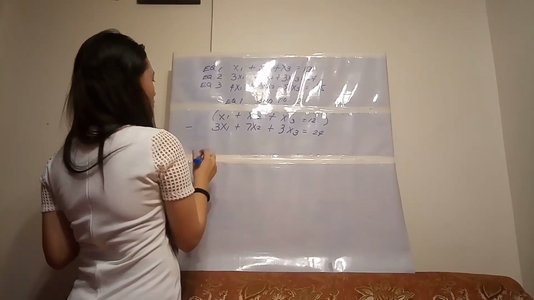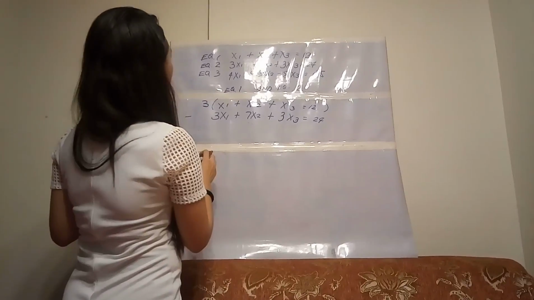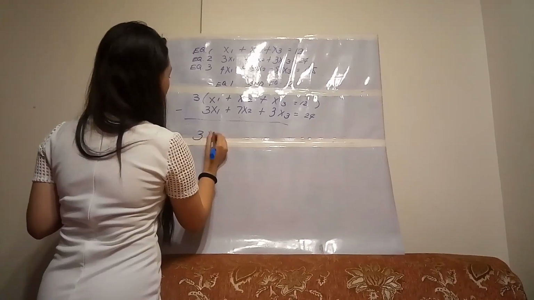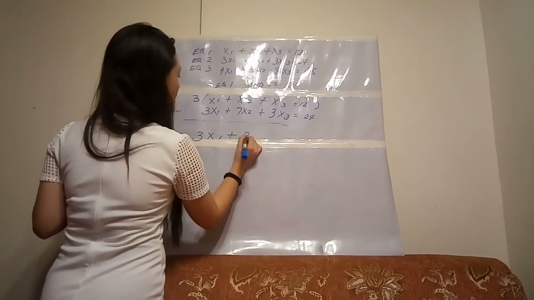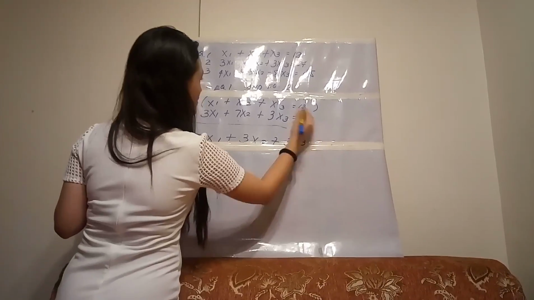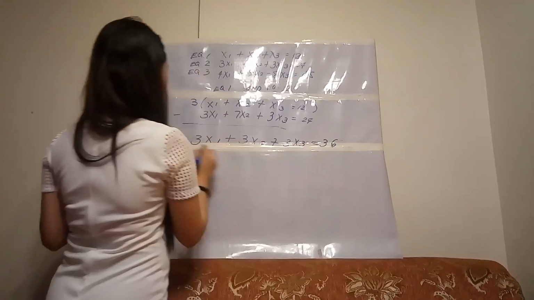So, we can use 3 to multiply equation number 1, which will be equal to 3x1 plus 3x2 plus 3x3 is equal to 36.